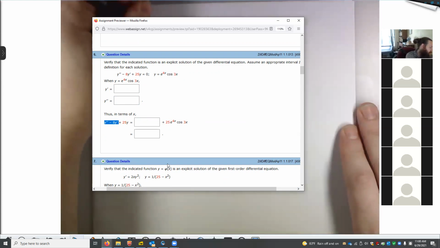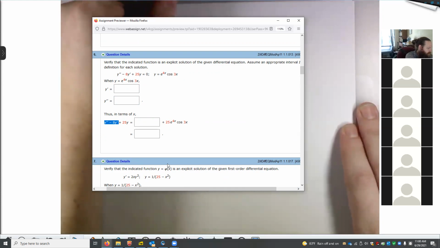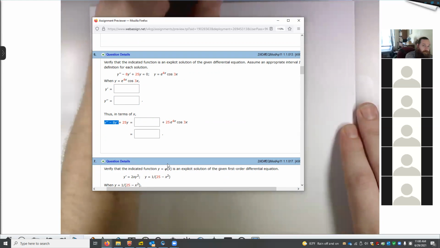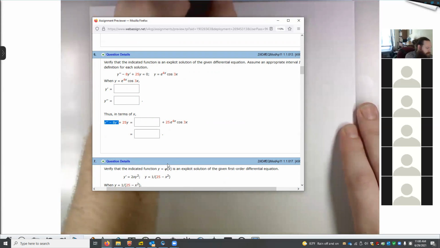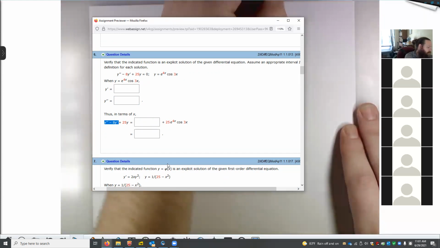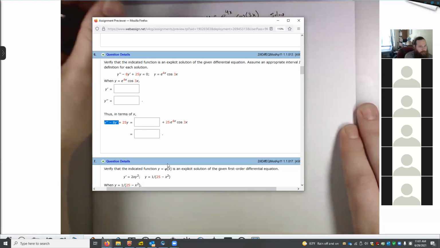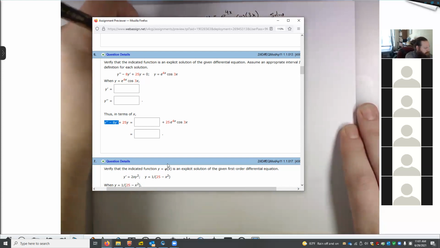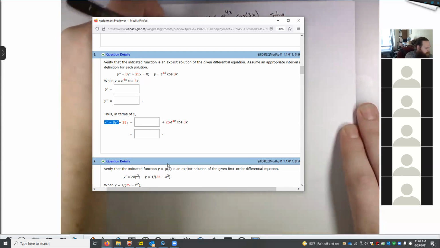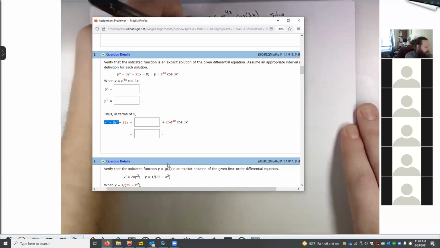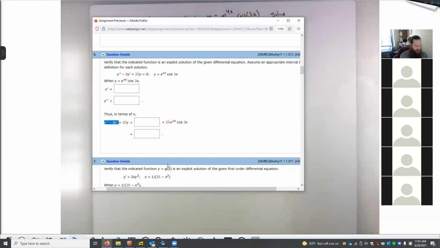Show that y equals e to the 4x cos 3x solves y double prime minus 8y prime plus 25y equals 0.